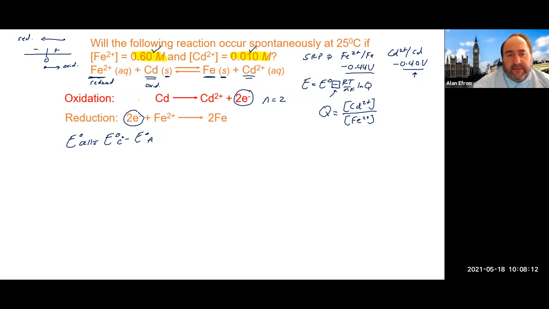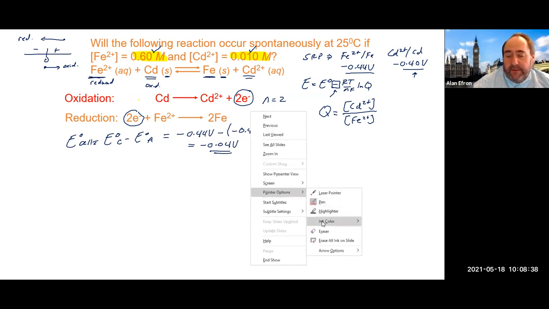Our cathode, we decided, was iron, so we take minus 0.44 volts minus minus 0.4 volts. That will change the sign for me and gets me minus 0.04 volts. Any questions on that so far?